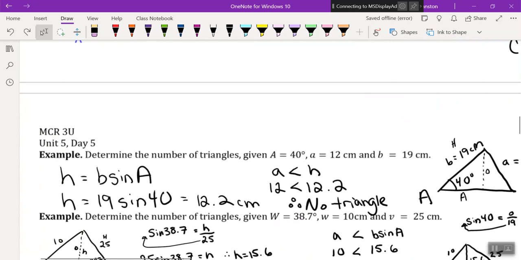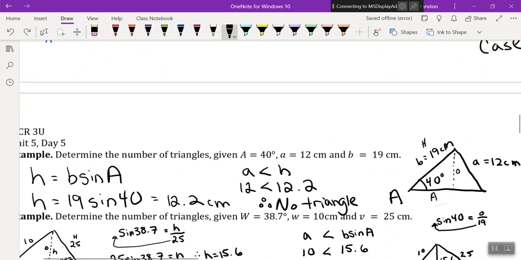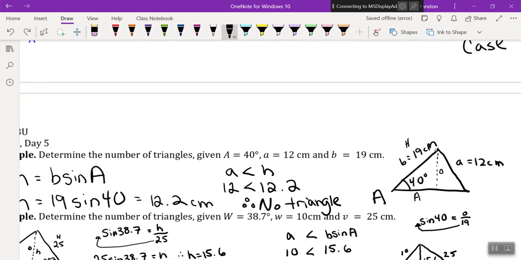So the first part here is just saying to find A if there's no triangle. So h is equal to b sine a. b is your side that's on top of A, and lowercase a is across from the angle. And we want to see if a, putting in b sine capital A, is bigger or less than that side.